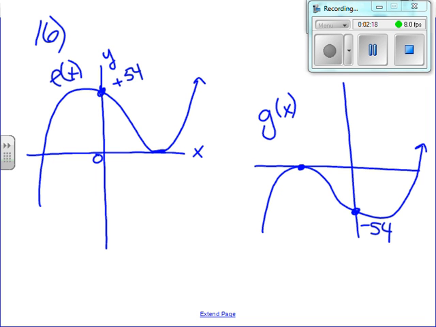So the graph of f of x has y-intercept 54, and g of x has negative 54. So for the graph of h of x, which was the one with the value of b in it, to have 3 different zeros, it must be somewhere in between this and this, essentially.